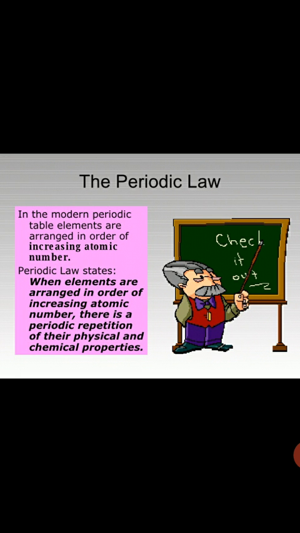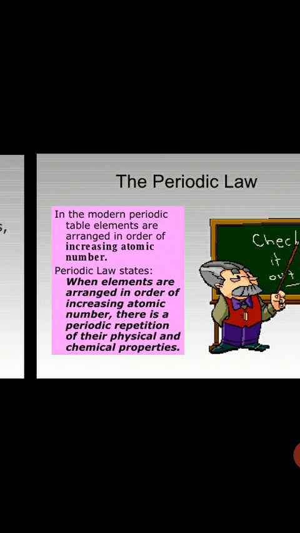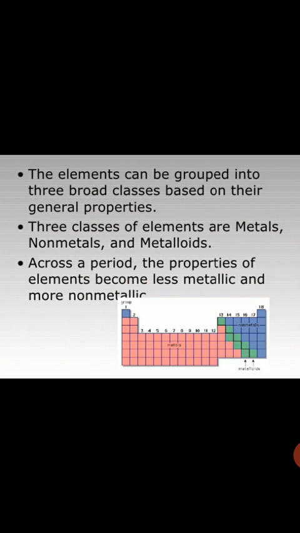Now students, it is based on the periodic law, which states that when elements are arranged in the order of increasing atomic number, there is a periodic repetition of their physical and the chemical properties, right? Now the elements can be grouped into 3 broad classes based upon their general properties. These 3 classes are metals, non-metals and metalloids.